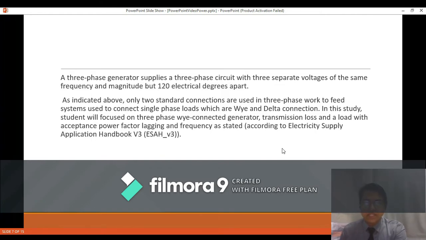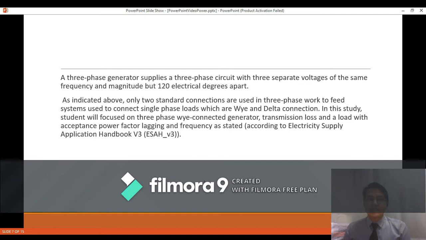A three-phase generator supplies a three-phase circuit with three separable voltages of the same frequency and magnitude but 120 electrical degrees apart. As indicated above, only two standard connections are used in three-phase work to connect single-phase loads, which are Y and delta connections.